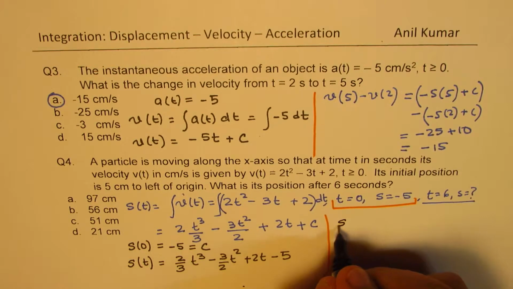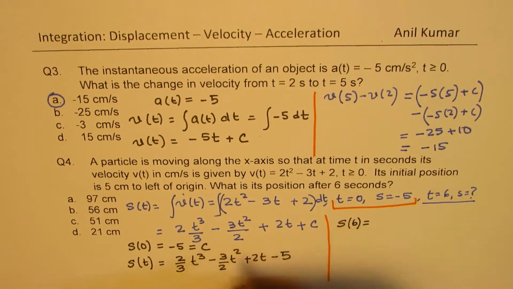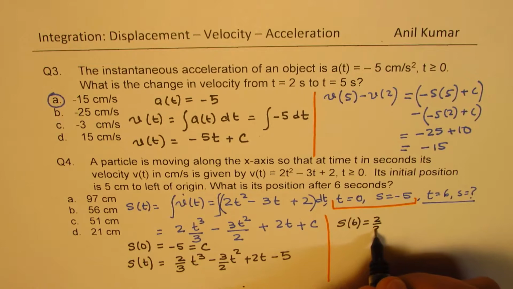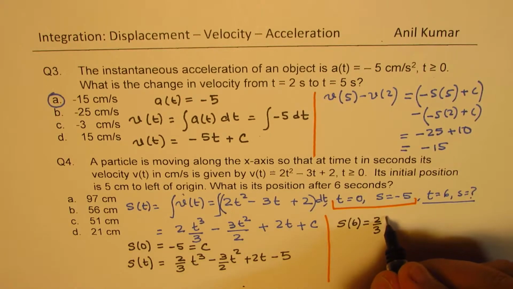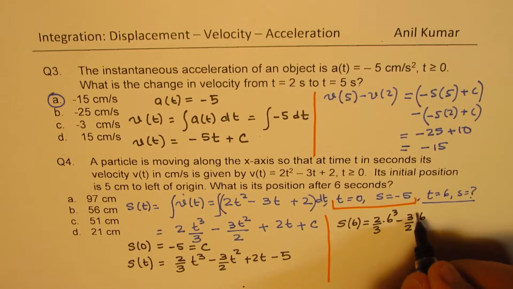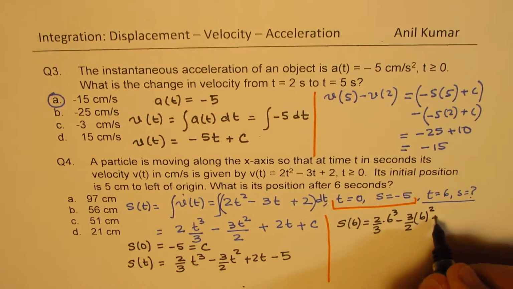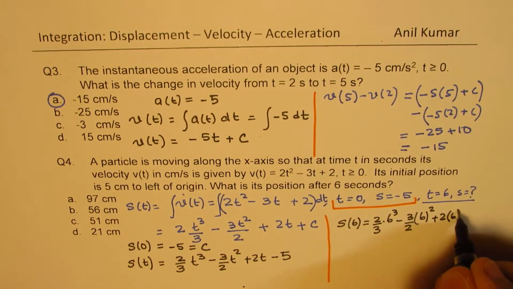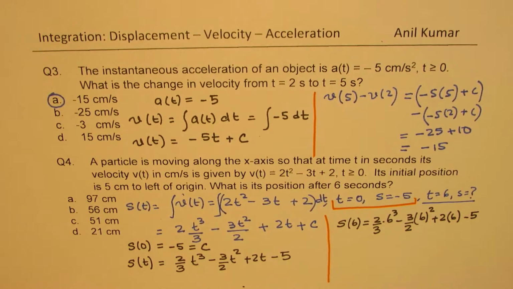So s of 6 is basically equal to 2 over 3 times 6 cube, minus 3 over 2 times 6 square, plus 2 times 6 minus 5, correct? If a calculator is allowed, you can definitely use it and figure this out.